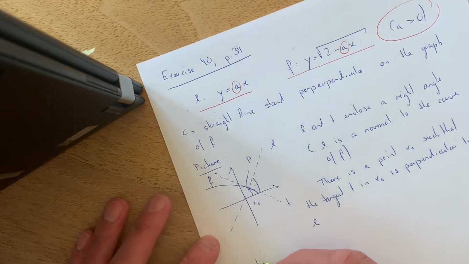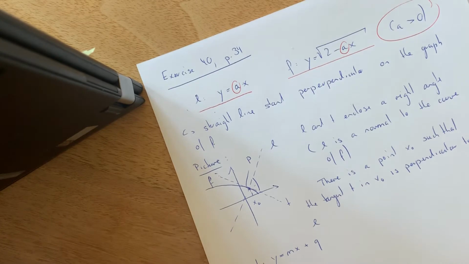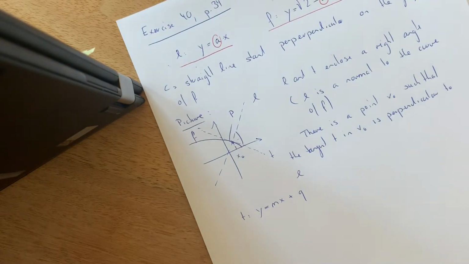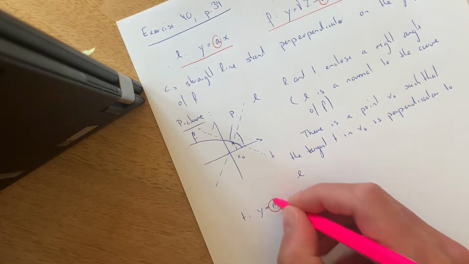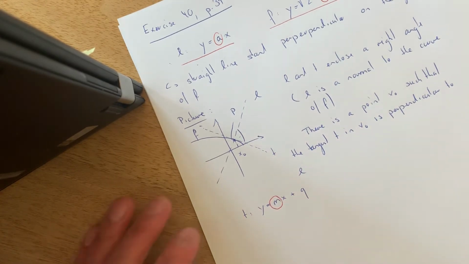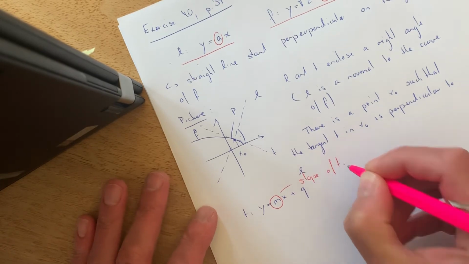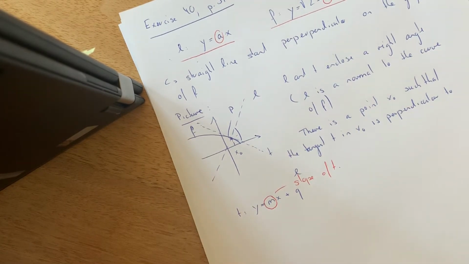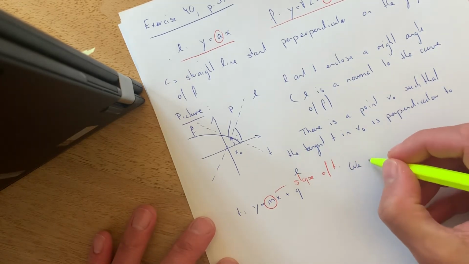Now, t is a tangent, so a straight line, so the function equation looks like this: y equals m times x plus q. And now this is the most important part of the whole exercise. We are going to consider this m here. This is the slope of the tangent. And the point is, we know several things about the slope. So what do we know about m?